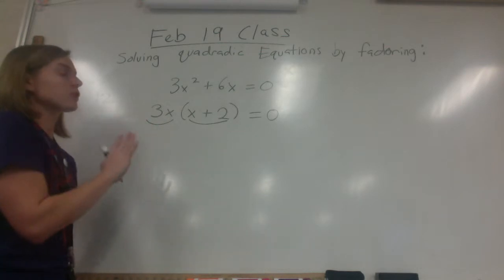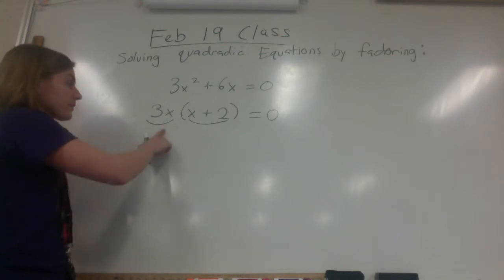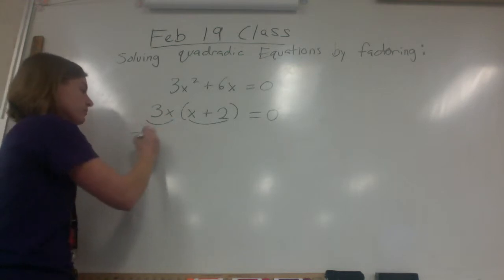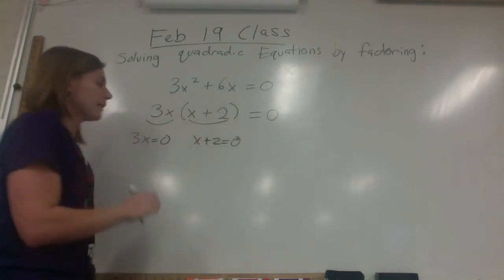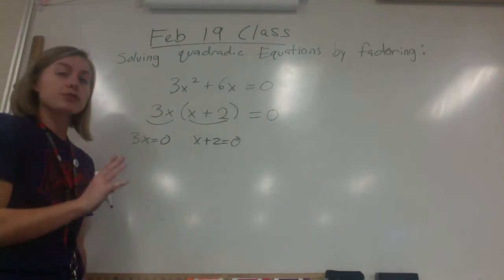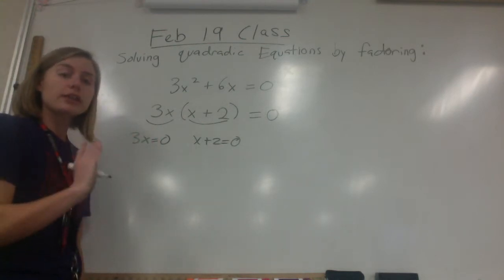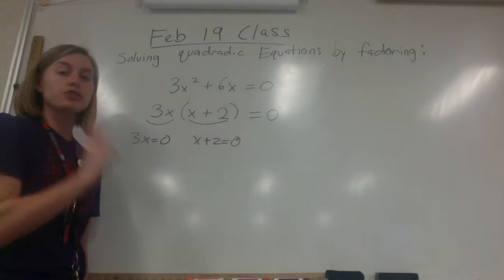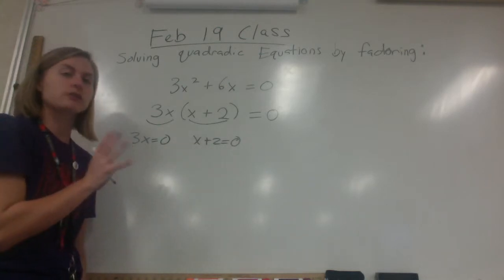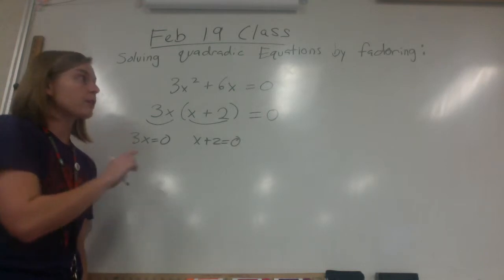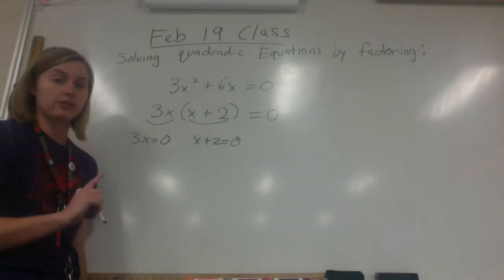So I'm essentially looking for the number that can make 3x go to 0 and the number that can make x plus 2 go to 0. Now I know you're thinking this might end up with 2 answers, and that's okay. Quadratic equations tend to give you 2 answers.